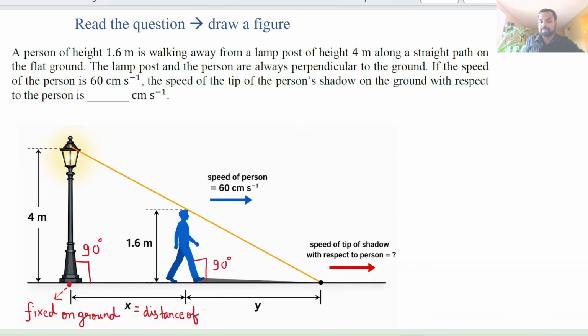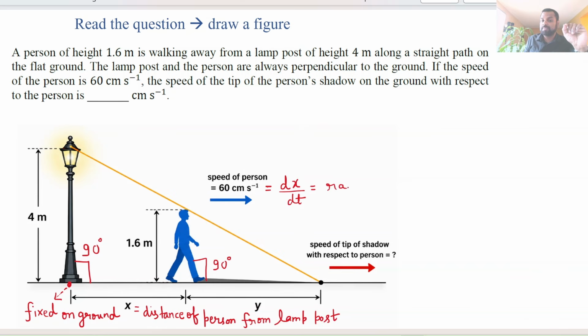of person from lamp post, right? So this 60 centimeter per second is the rate of change of that distance. That is how we define the velocity, right? That is your speed. That is the rate of change of distance, dx by dt, right?